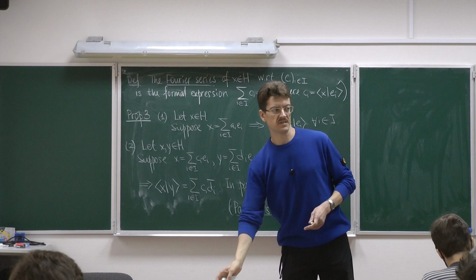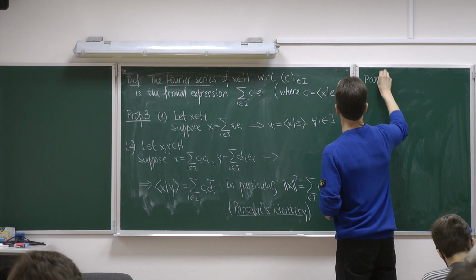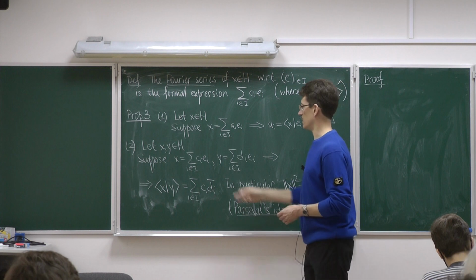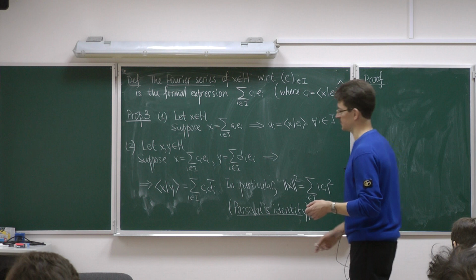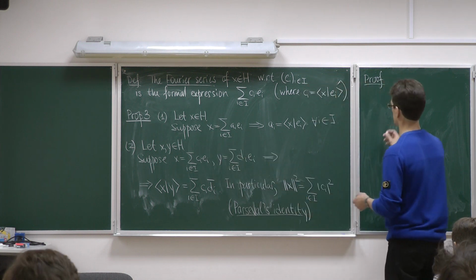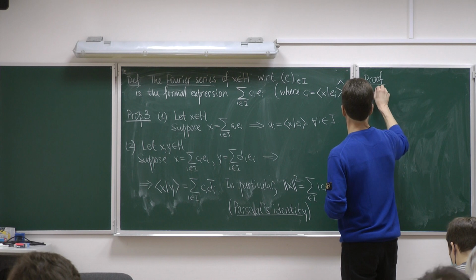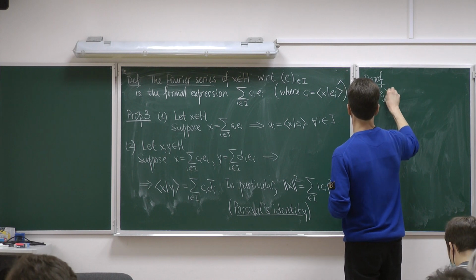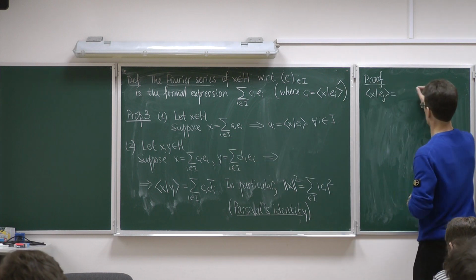The proof is more or less straightforward. To get part 1, we simply calculate the Fourier coefficients of x explicitly. So the inner product of x and ej. So we substitute this expression here.